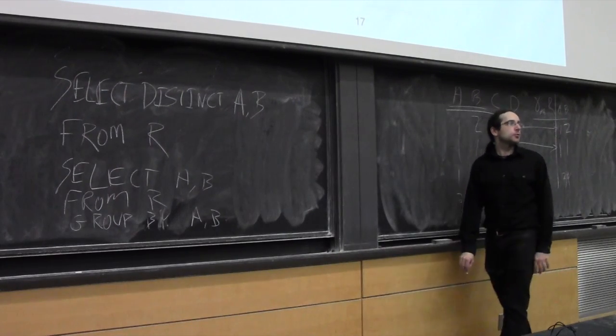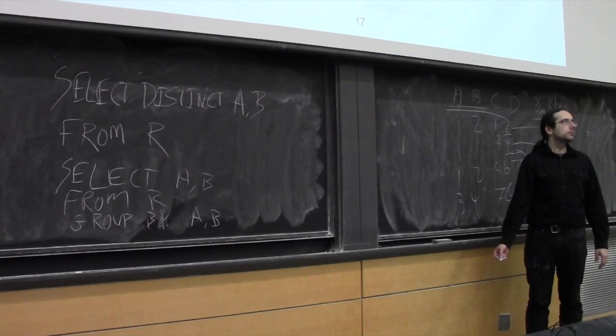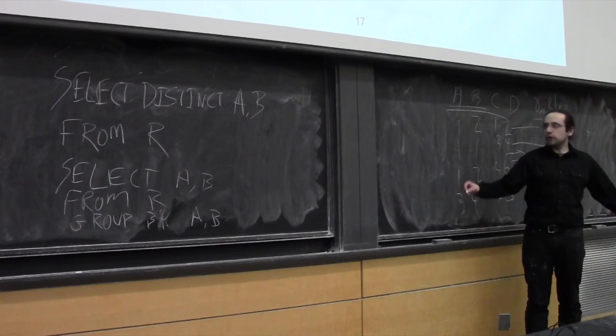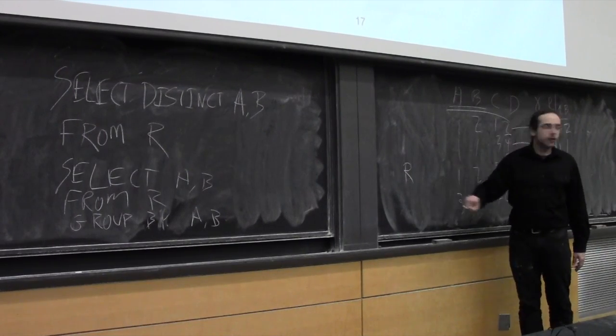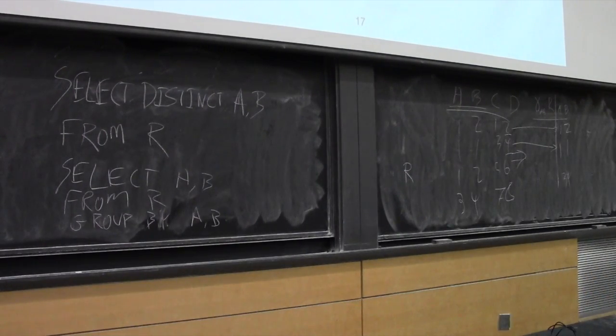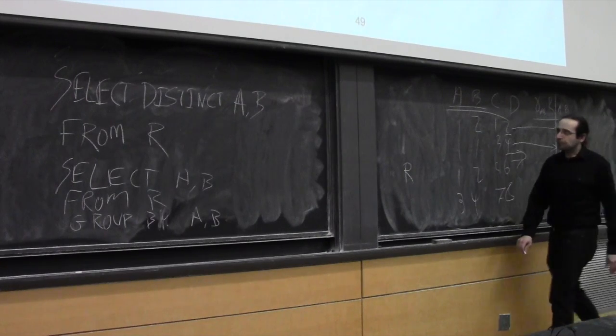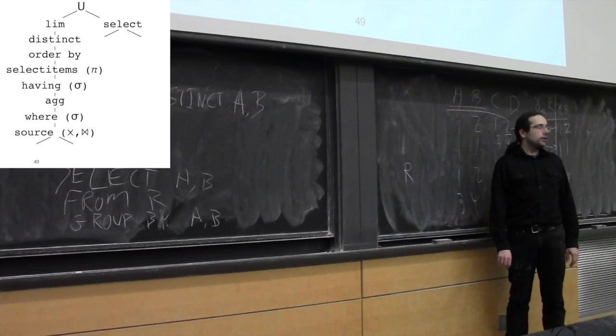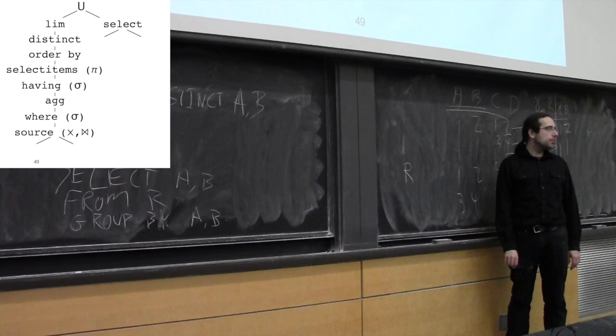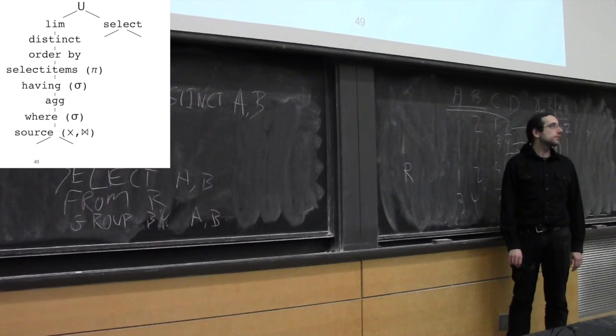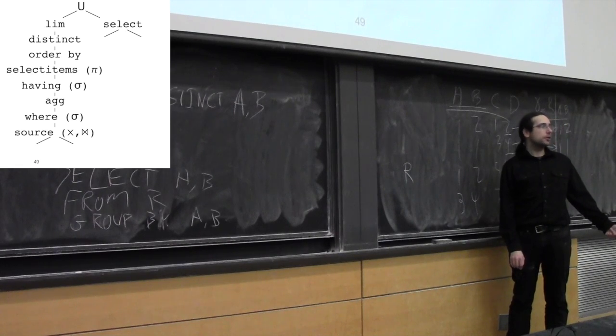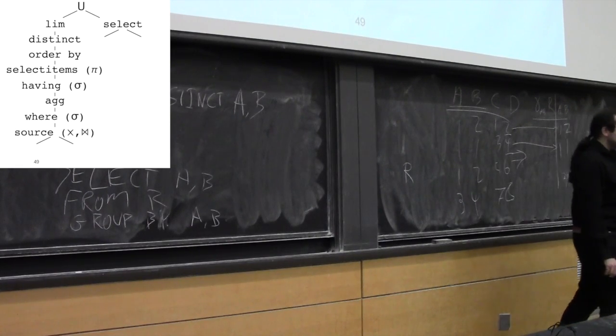What does that look like? So where do I start? Okay, so I start with R. Actually, I can give you the handy dandy iterator chart. Okay, so I start with R. What's next? Do I have a where clause? Nope. Okay, ignore that.